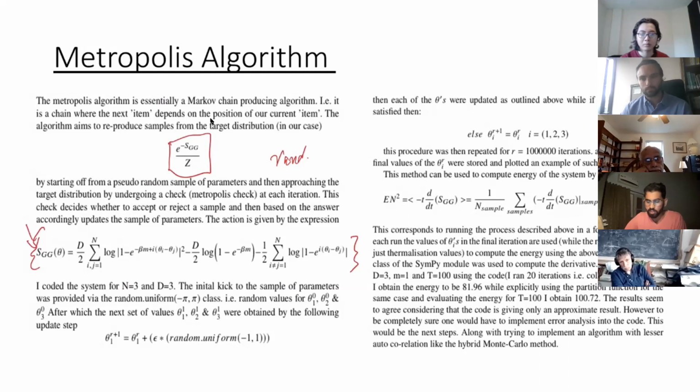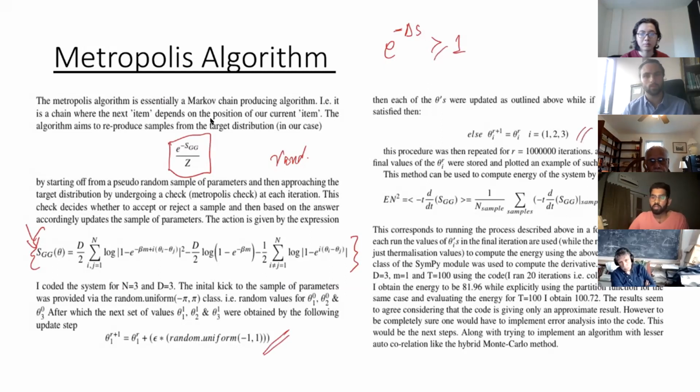Note that we start off with an initial random value for each of the thetas. And then based on what is called the Metropolis check, which is basically that e to the minus delta S is greater than or equal to 1. So based on this check, if this check was true, then we updated the thetas according to this. While if it was false, we updated the thetas according to this.